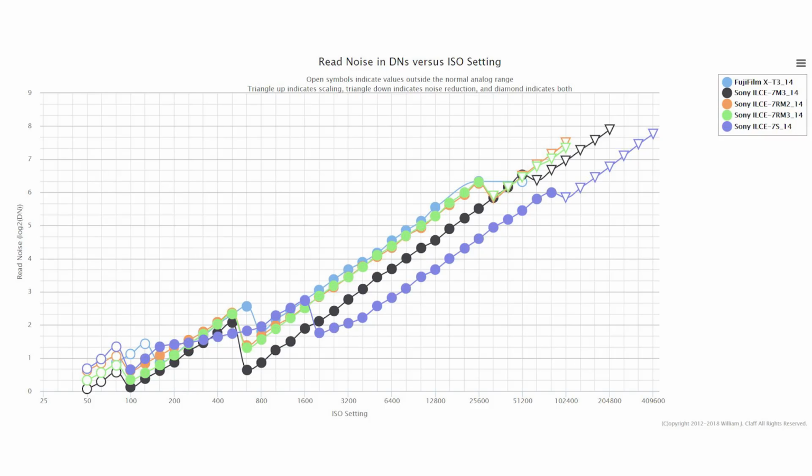I think it's fascinating. Now in this last frame, I left everything alone, but I added one additional camera. The camera that I added was the Sony A7S, because we know that it's usually amazing at low light. Now look at that chart. It seems that from, let's say, 100 all the way up to 1600 is pretty much on par. But as soon as we hit 1600 with the A7S, it immediately drops.